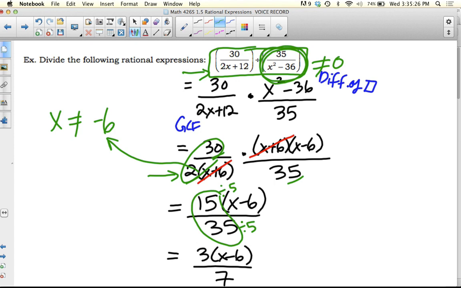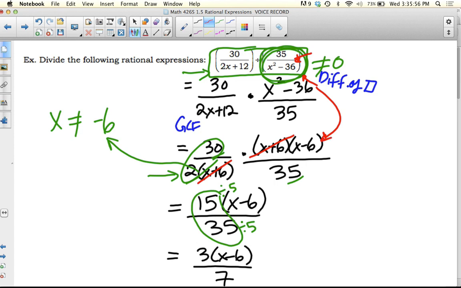So basically what I'm trying to say there is anything that's in the top or the bottom, okay? So either 35 or the x squared minus 36 cannot be 0 in this case because we're dividing by that entire fraction, okay? 35 won't pose a problem for us, okay? But x squared minus 36 will in terms of a restriction, and we factored that right over here, okay?